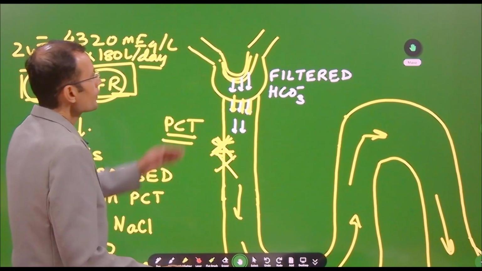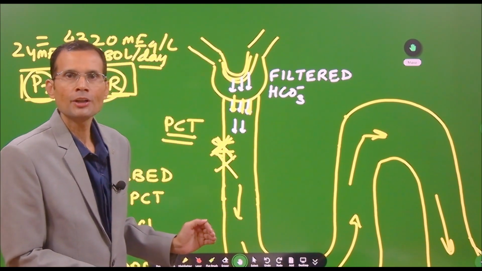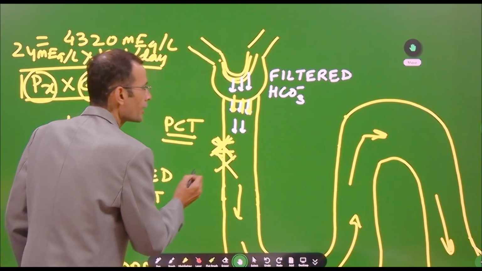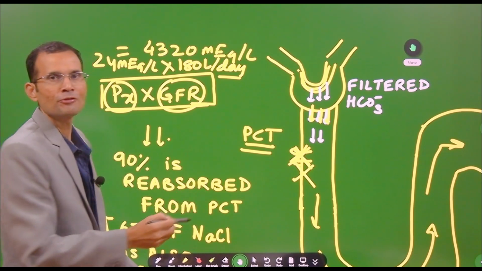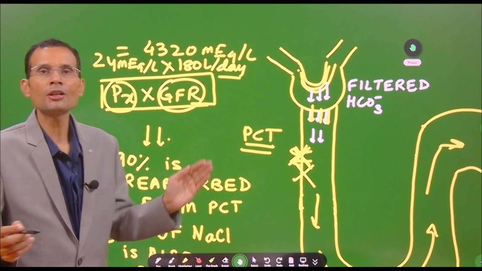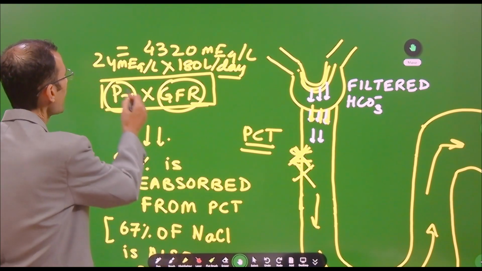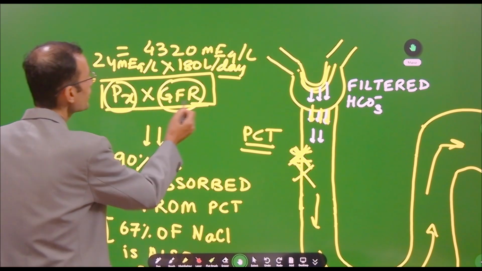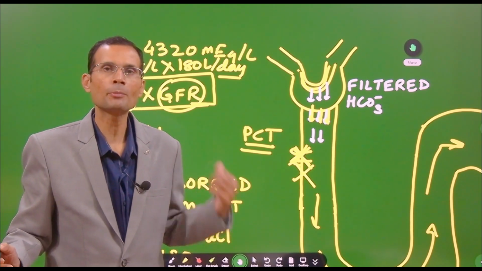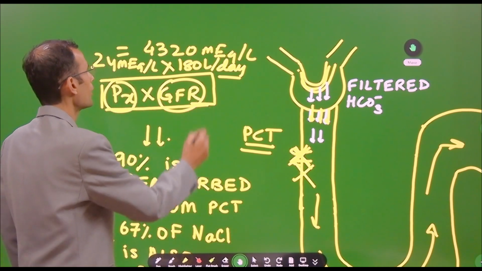So there is filtered bicarbonate at the glomerulus. And just to add some extra physiology, how much is the total daily filtered bicarbonate? It's calculated like this: Px into GFR. Px is the plasma concentration of the substance, in this case bicarbonate, into GFR.